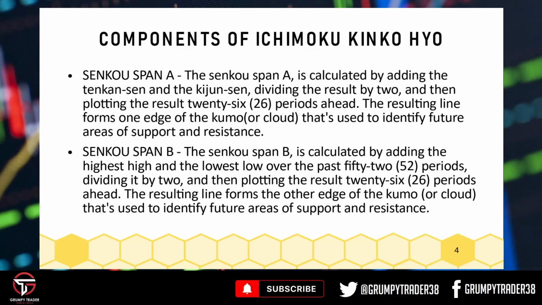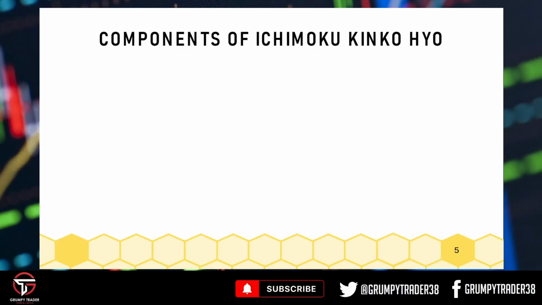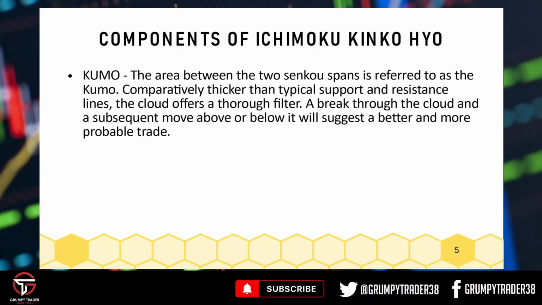Diba? Yung median, yung gitna. Senko Span B does the same as yung Kijun-sen and Tenkan-sen, except it does so over a longer period of time. Okay, 52 periods. Bakit 52 periods? Kasi that's the typical number of weeks in a year. Kaya siya 52. Okay?